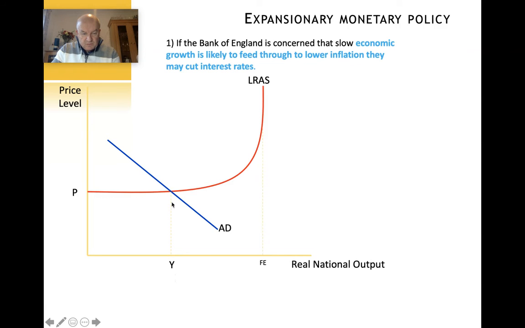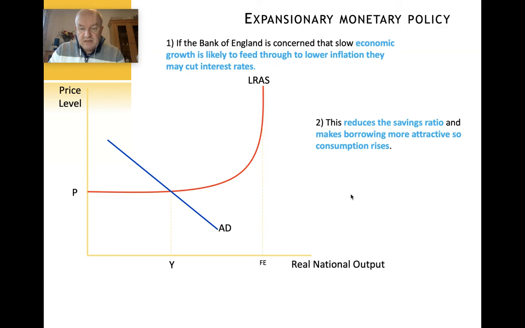So Y clearly would be the point at which aggregate demand and long-run aggregate supply are in equilibrium, and then FE is our full employment level of real national output. So in this situation, if the Bank of England decides that there's slow economic growth and they want to try to improve matters and stimulate some more economic growth, then they may well cut interest rates.